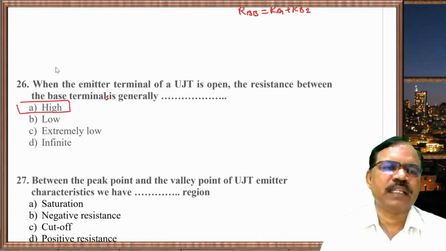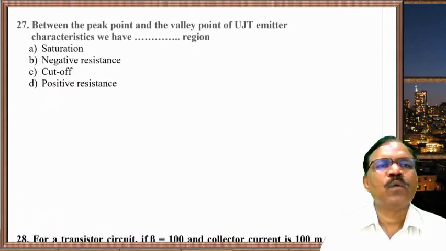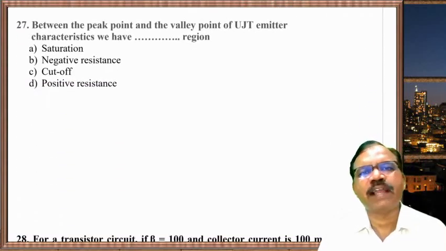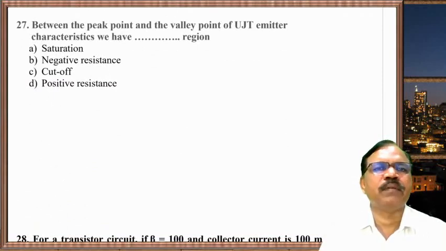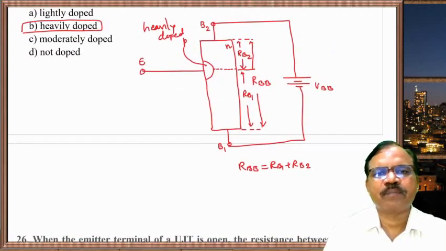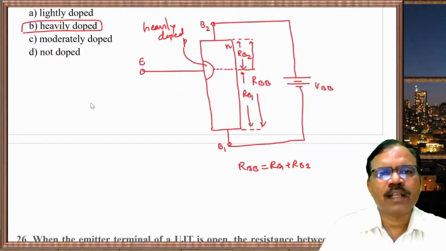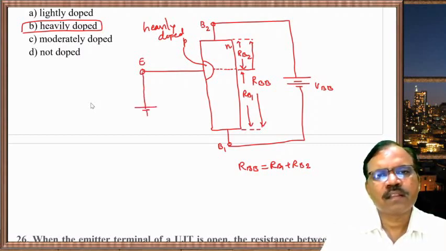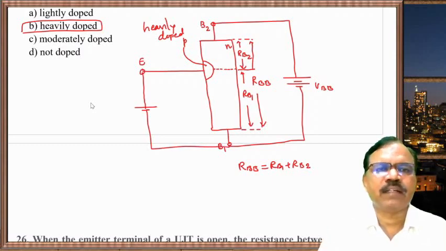Next one, between the peak point and the valley point of UJT emitter characteristics, we have a dotted region. So if we come here, now you can connect a source between B1 and emitter.